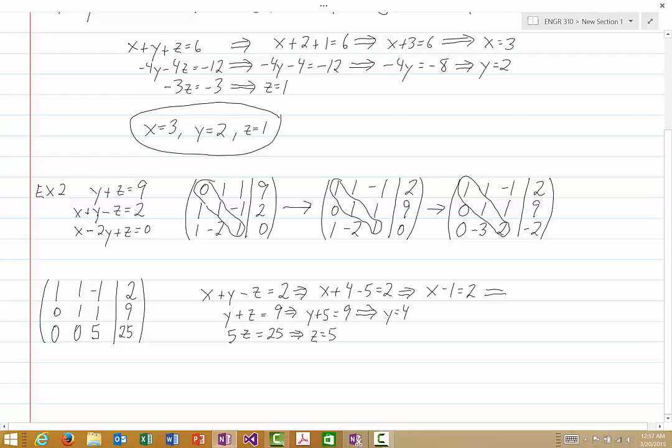And if we add 1 to each side of this equation, we get x equals 3. And so our solution to this system of equations is x equals 3, y equals 4, z equals 5.